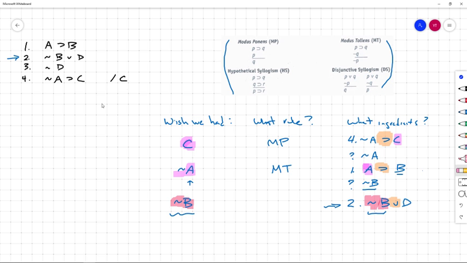Now, because this was a relatively simple proof, we don't have options. But in more complex proofs, and as we move forward, you're going to have to be open to treating not A as the negation of A, but also as the unit not A. It just depends on what else is going on in your proof and which rules are available to you and which rules you're trying to use.